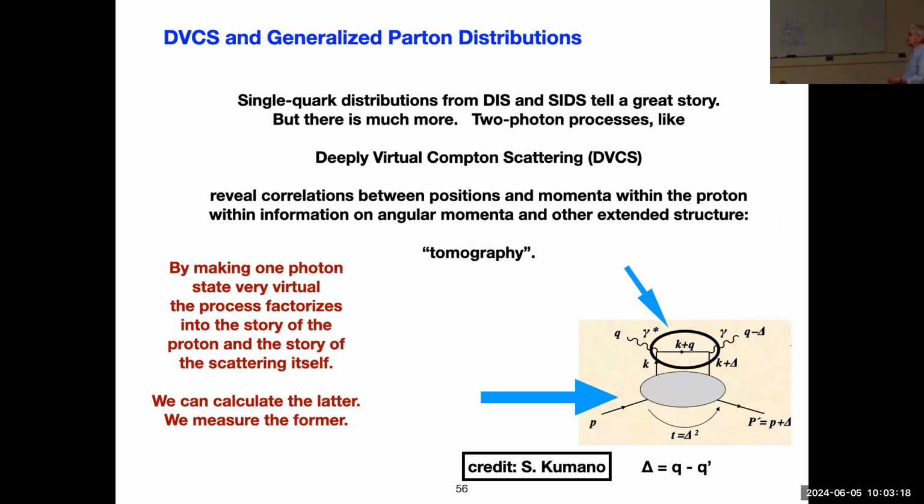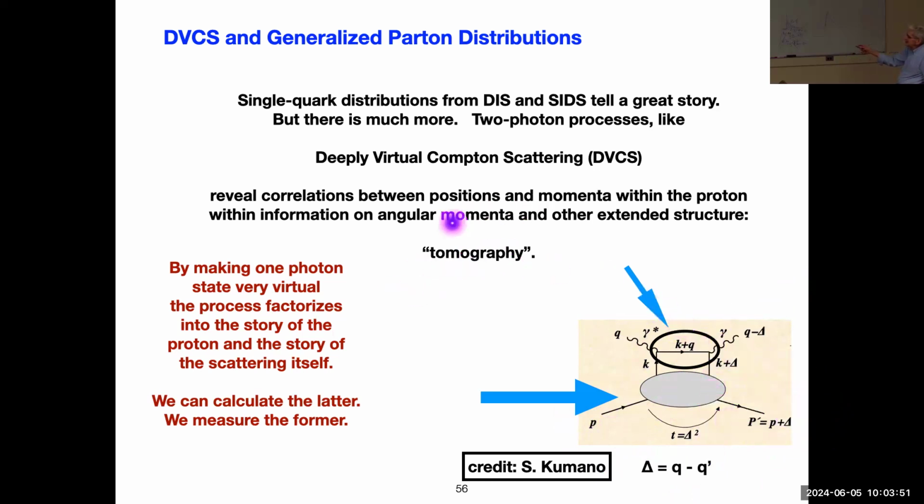And then deeply virtual Compton scattering and generalized parton distributions, where you take the picture of deep inelastic scattering and you turn it into an amplitude. But not quite the same thing. So again, DVCS: you start out with a proton, you come with an off-shell photon, something happens at short distances, an on-shell photon is emitted, and the proton goes its merry way with a small momentum transfer.